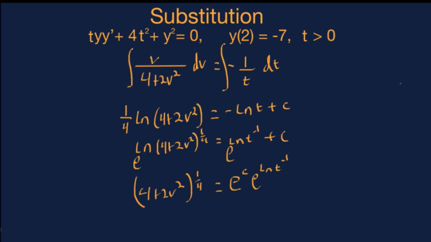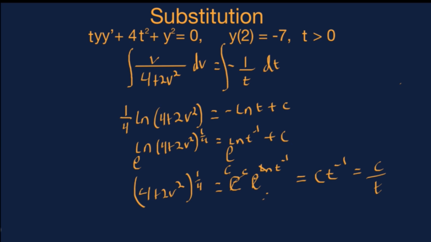And because c is an unknown constant, e raised to the power of c is also an unknown constant, so we can refer to that as c. And e and the natural log cancel out, so you're left with c times t raised to the power of negative 1, which is the same thing as c over t.